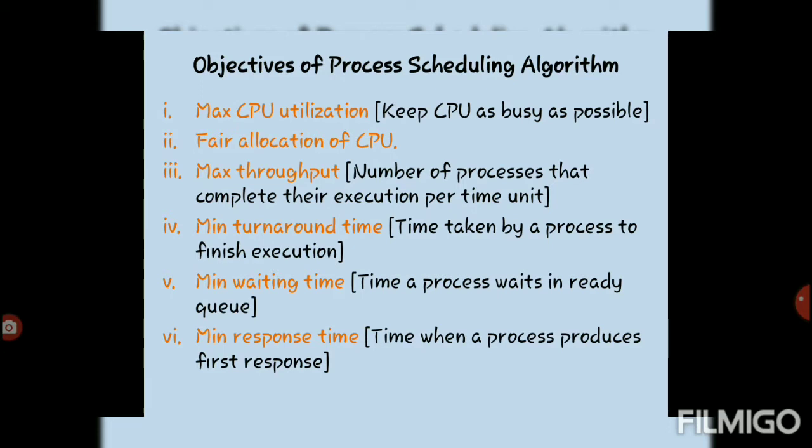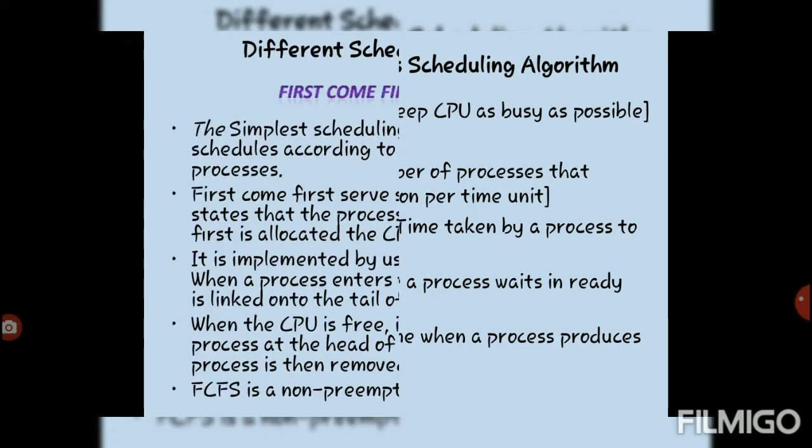That should be minimized. Then minimum waiting time, which is to minimize the waiting time of every process. Then minimum response time. Response time is the time when a process produces its first response. So the response time should be minimized. So these are the objectives of process scheduling.